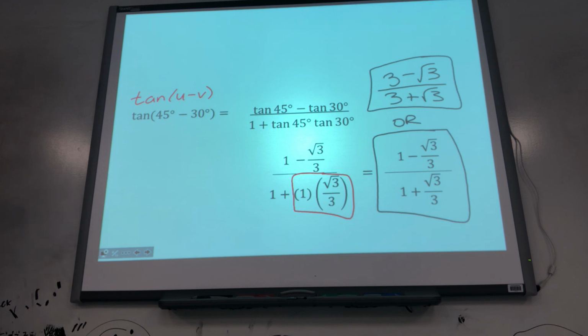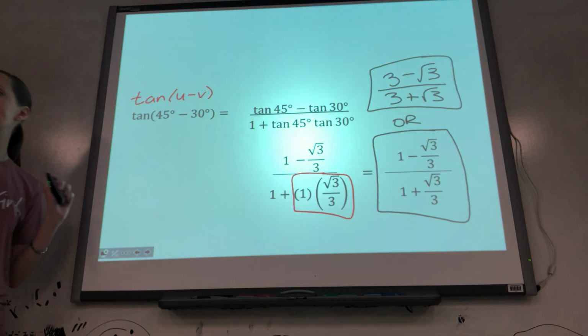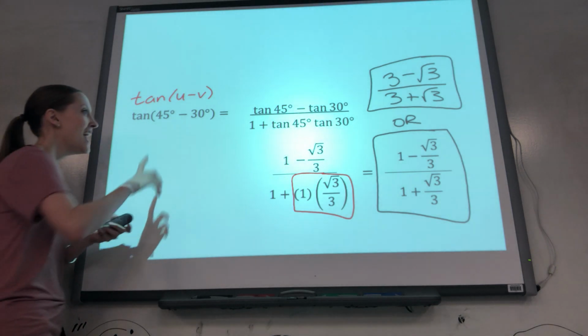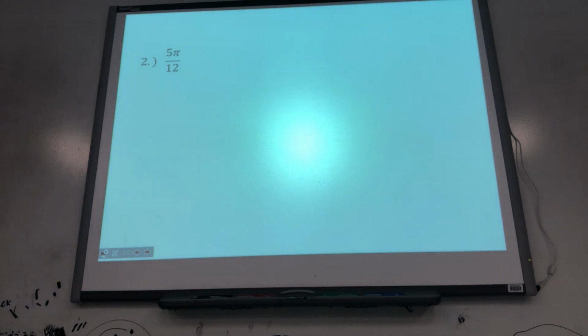You had to find your own pair of angles that equaled 15. Now this one was in degrees, which in my opinion is probably the easiest type of problem when it's in degrees. We also are going to have some in radians, and these are not as easy to think about. So I need you to watch carefully up here about how I come up with my pair of angles that would equal 5 pi over 12.